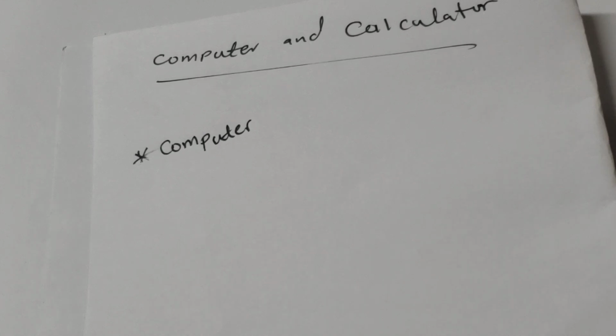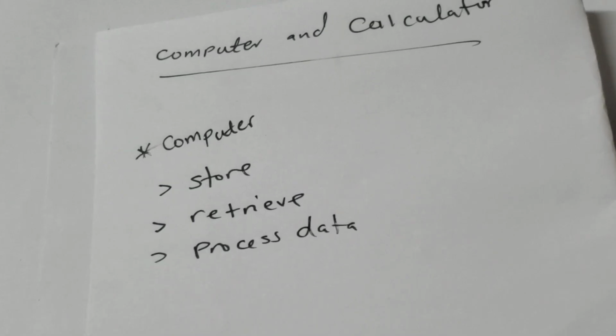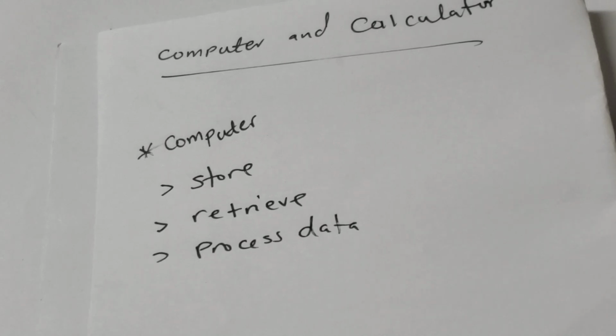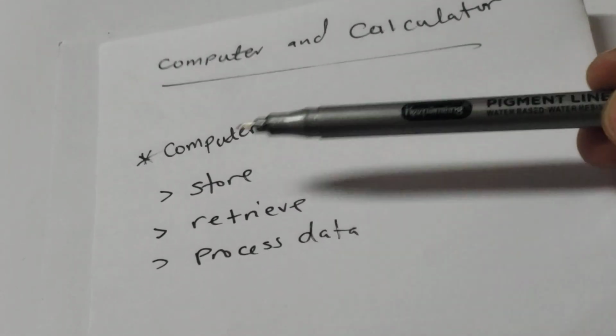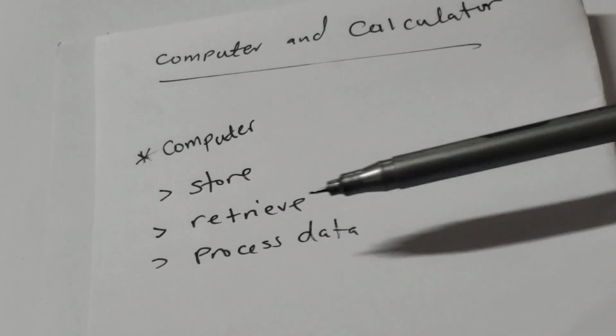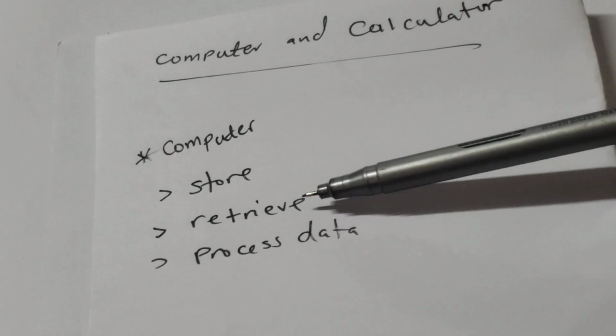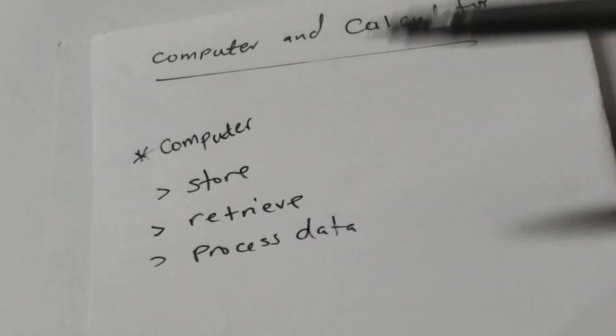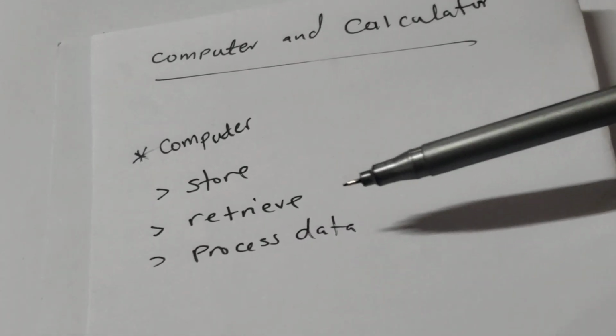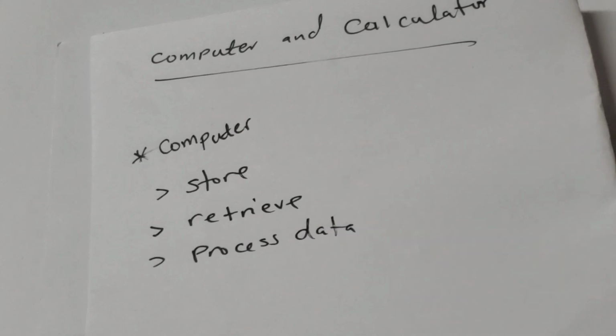You can store your information, maybe your birth records, your grades. So the computer has that ability to store. Then you can easily have access to that information anytime, which means you can easily retrieve it. And it can also process data.